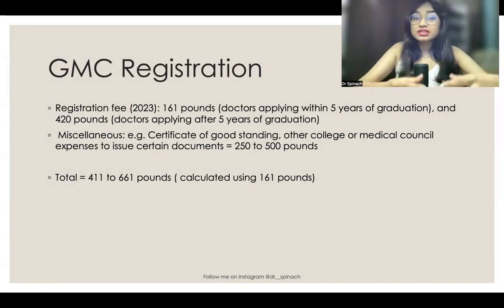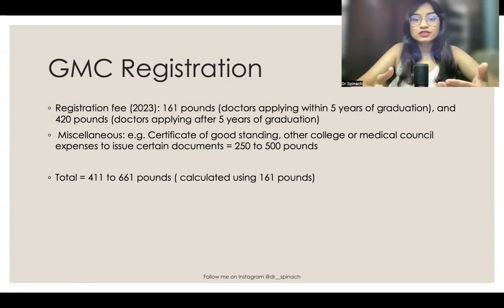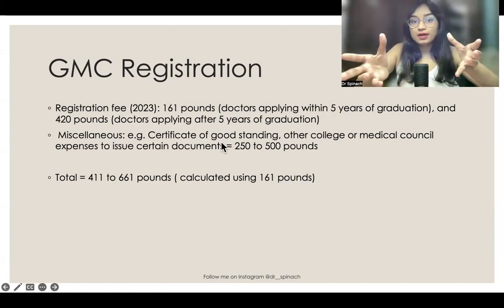Now, there might be miscellaneous charges that you may incur. Let's say you have to get your good standing certificate from a medical council, or other documents from your college. So it may incur some charges for you as well. So I've calculated it around £250 to £500.